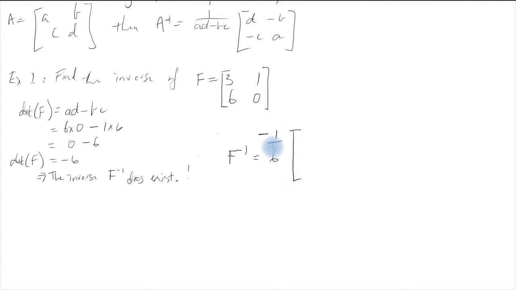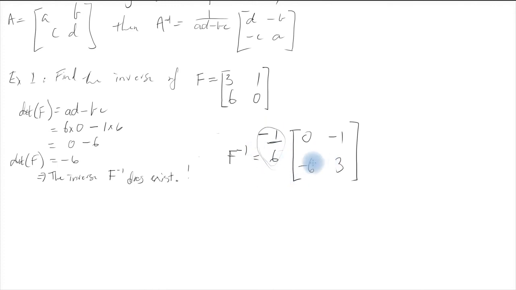multiplied by, now we've got in this position D, so that's 0. In the next position, we have minus B, so minus 1. This position we have minus C, so that will be minus 6. And in the final position, we have A, 3. So you can write it like this, or if you want to, you might want to put this bit out the front into the bracket.